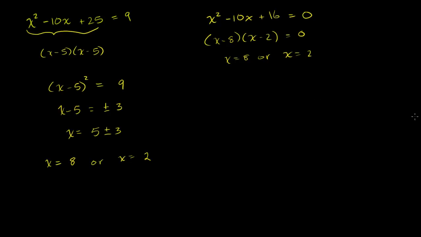So let's do another one. Let's do one more of these, just to really get ourselves nice and warmed up here. Say we have x squared plus 18x plus 81 is equal to 1.